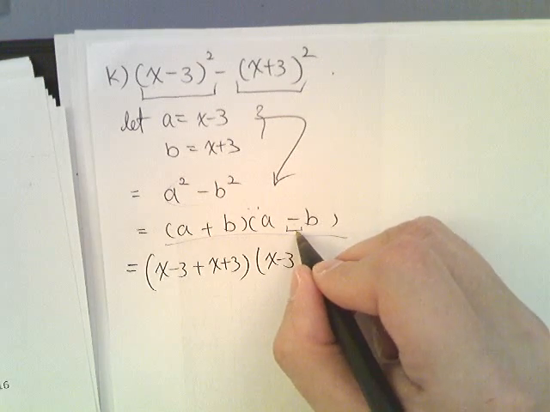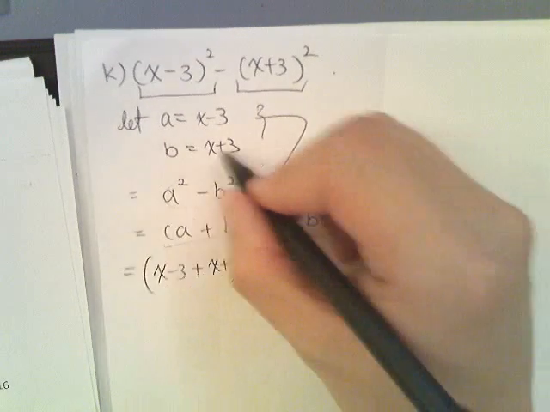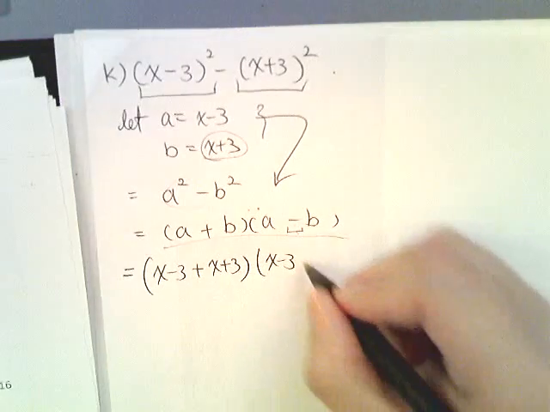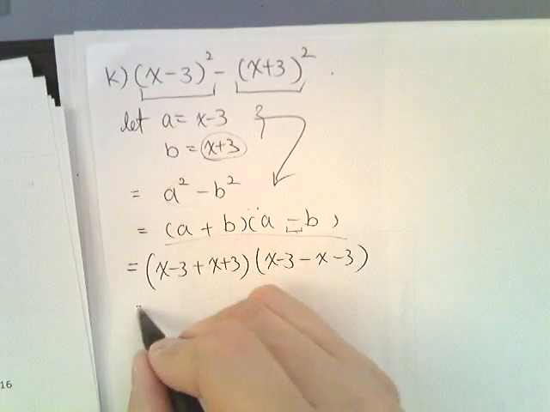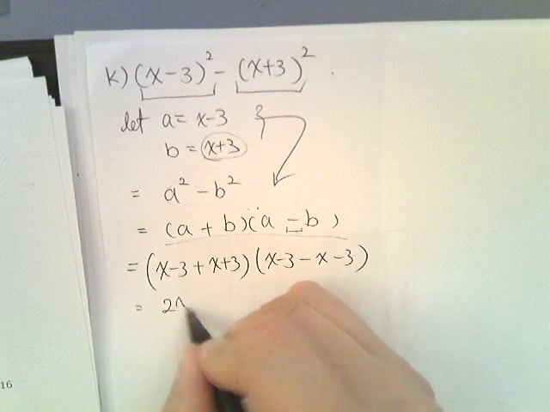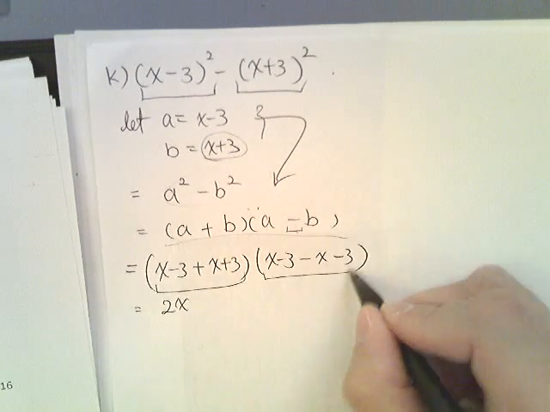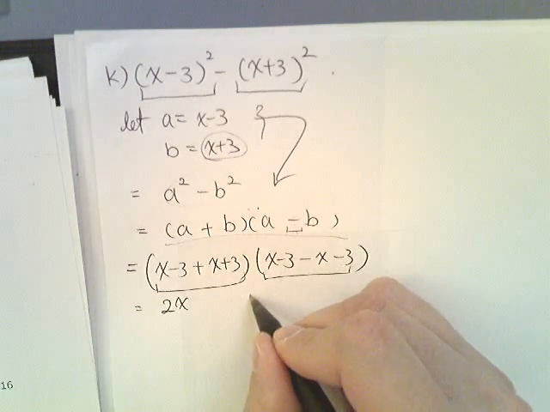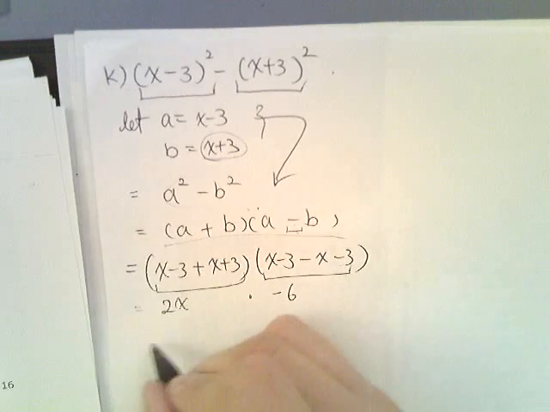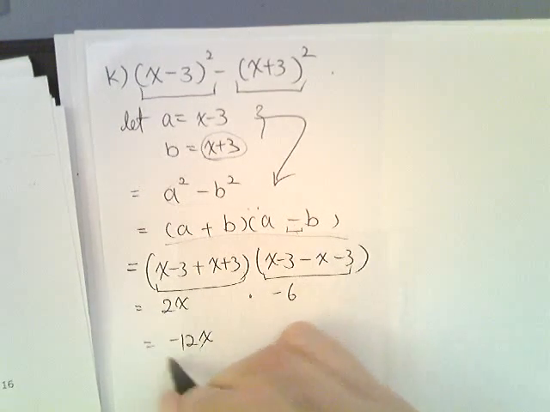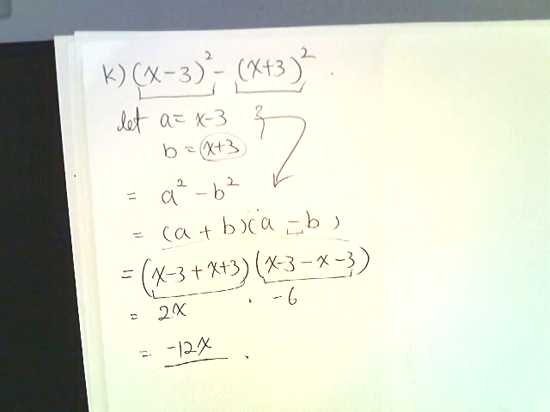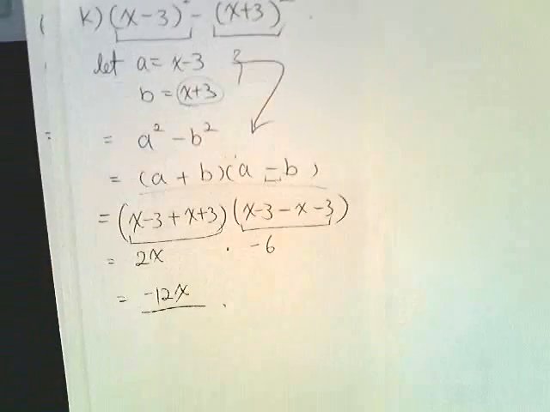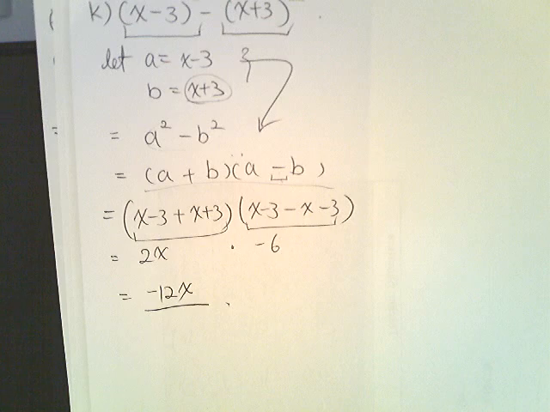This negative basically means negative b, so it changes the sign of x plus 3, so minus x minus 3. This gives me 2x. Now, this gives me negative 6, therefore negative 12x. Okay, so you gotta be careful with a question type like k.